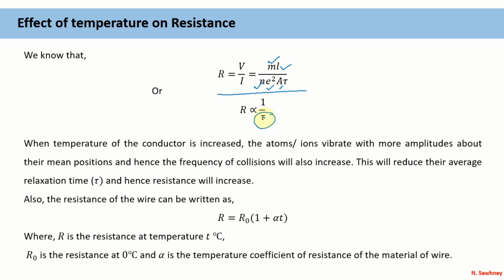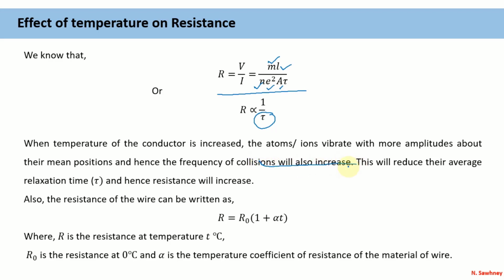Now let us understand what happens. When the temperature of the conductor is increased, the atoms or ions vibrate with more amplitude about their mean positions, and hence when they vibrate with greater amplitude, their frequency of collision will also increase.